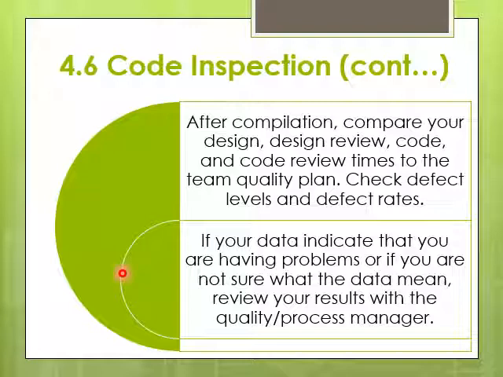If program quality is poor, or your yields have been much less than 70%, ask the quality or process manager to conduct a code inspection, using 2 or even more reviewers. The poorer the program quality and the lower the yields, the more reviewers are needed.